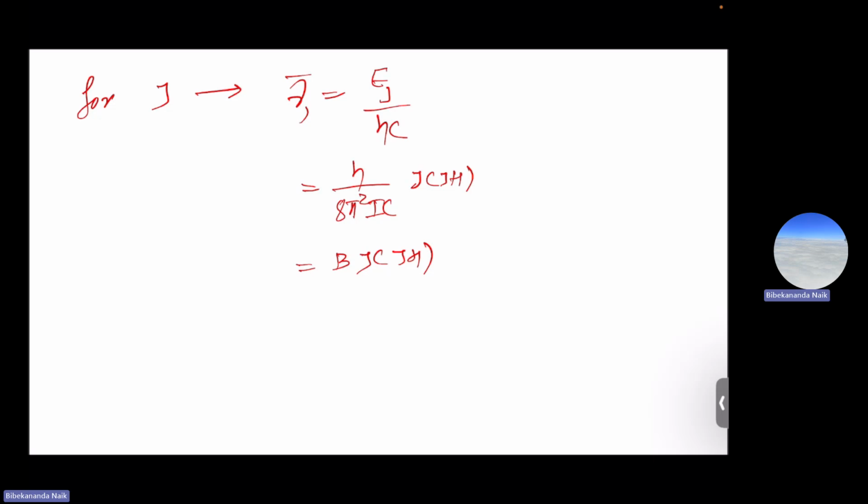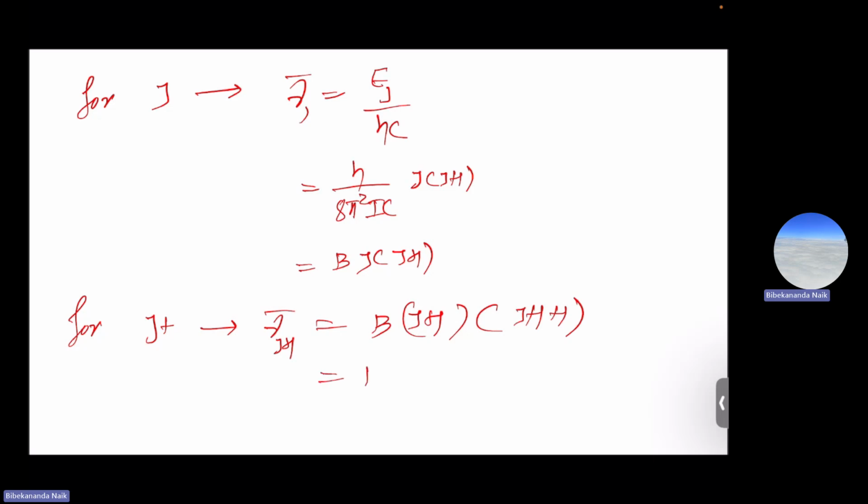Now for J plus 1, what will be the wave number? B into J plus 1 into J plus 2.